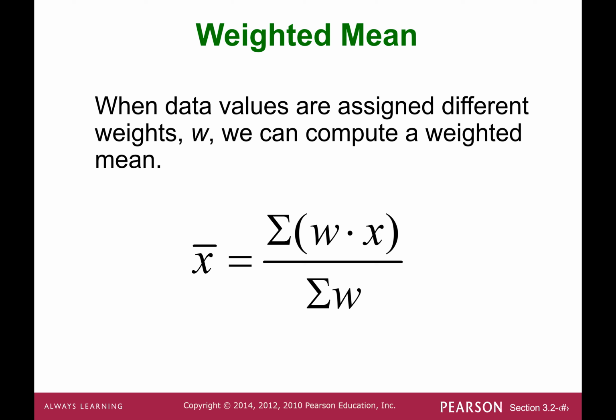And also the weighted mean, another important application of the mean. So data values are assigned different weights. We call that W. W represents a weight. We can compute the weighted mean: sample mean equals summation of W times X over summation of W. So GPA, right? GPA is an important application of the weighted mean.